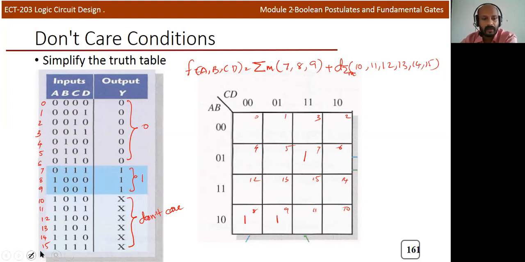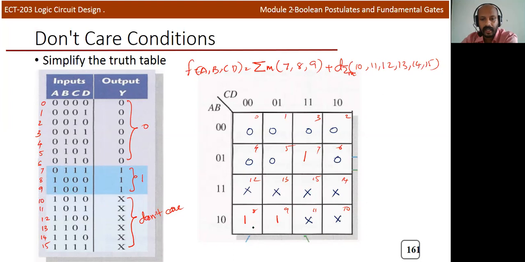And for the remaining values, 10 we'll put X here, 11 X, 12 X, 13 X, 14 X, 15 X. Other values we will indicate as 0, 0, 0, 0. So now we need to group this. For grouping, normally we'll consider groups of ones, but in this case you can consider this X also if it is needed.